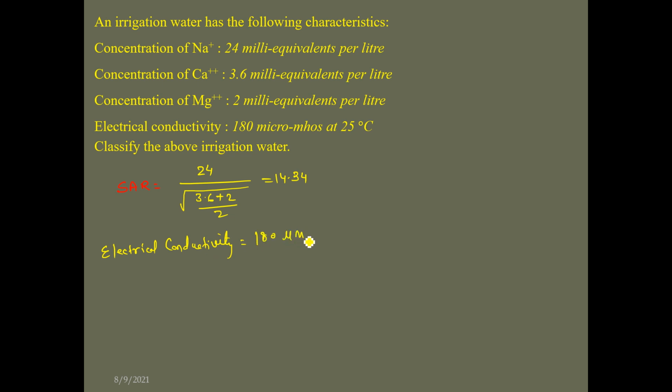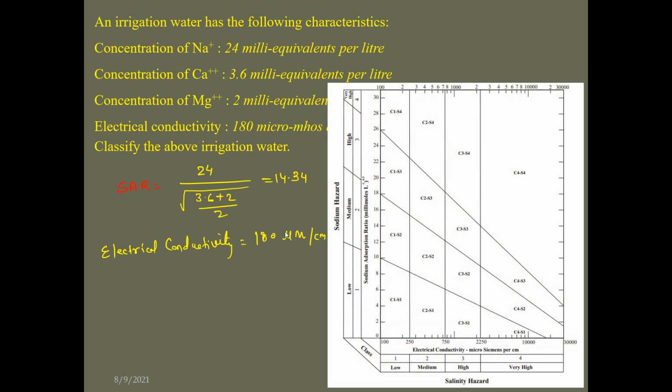micromoles per centimeter. On this table we can categorize: SAR is 14.34, that is medium sodium, and electrical conductivity is 180, which is lesser than 250. So we can say that water is having low salinity.